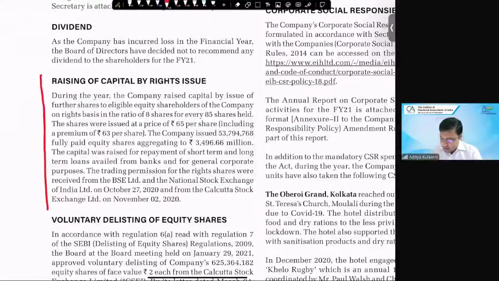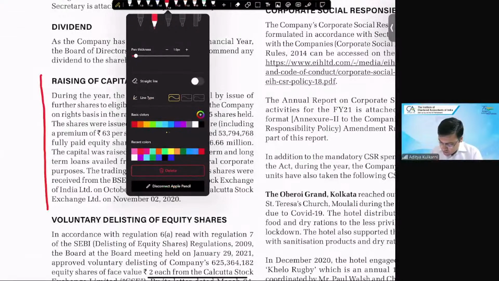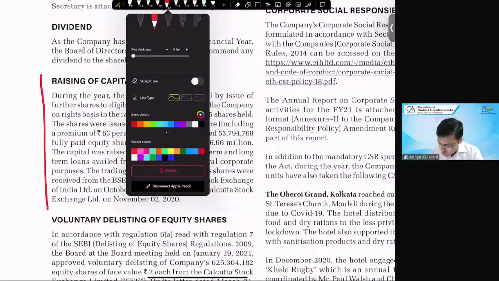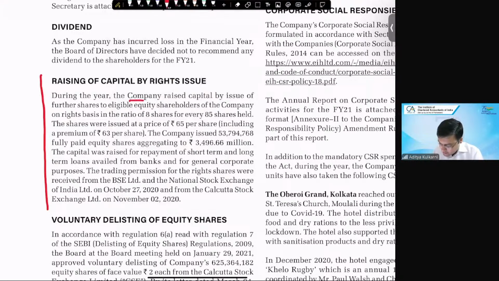During the year, the company raised capital by issue of further shares to eligible equity shareholders of the company on the rights basis in the ratio of 8 shares for every 85 shares held. The shares were issued at a price of 65 per share, including a premium of 63 per share.